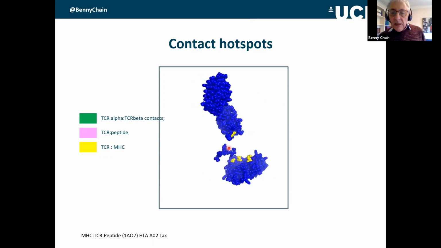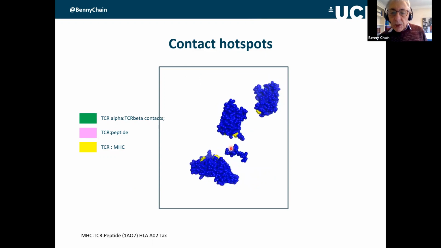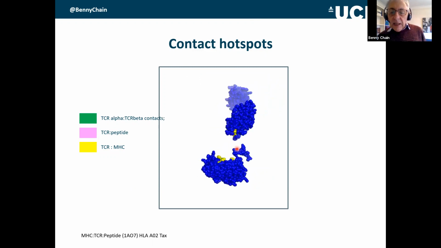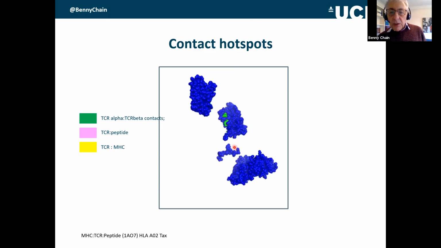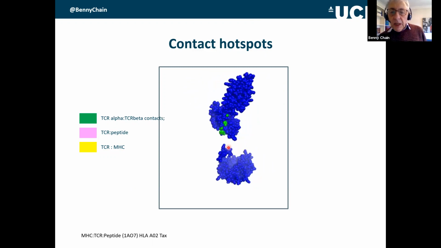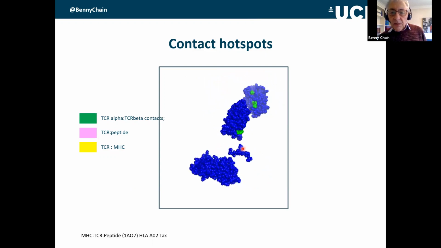And the critical point that I'm trying to show with this figure is that the interaction is very much a hotspot of interaction. You get a contact hotspot. It's not an extended interaction over a large distance.